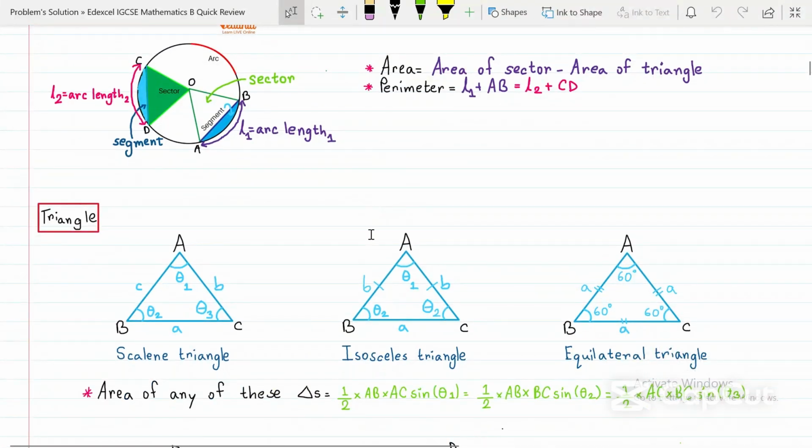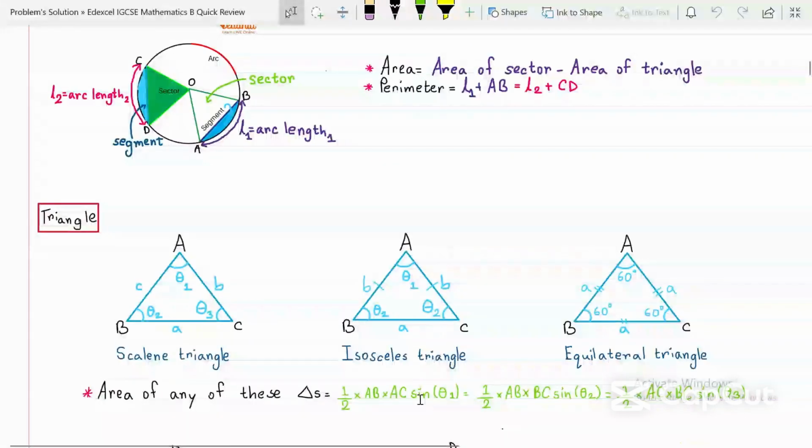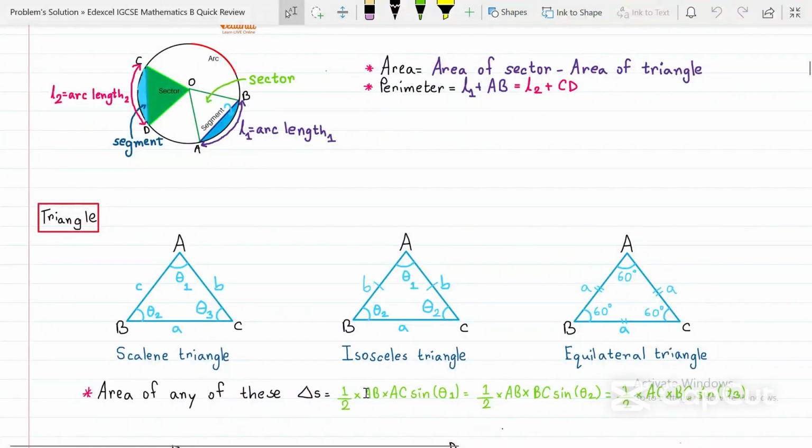So the area of any of these triangles, no matter which triangle it is, always equals half into AB into AC sine theta 1, which also equals half into AB into BC sine theta 2. It is also equal to half into AC into BC sine theta 3. No matter which formula you use, the answer will be the same. Which lengths you multiply mainly depends on which angle you choose.